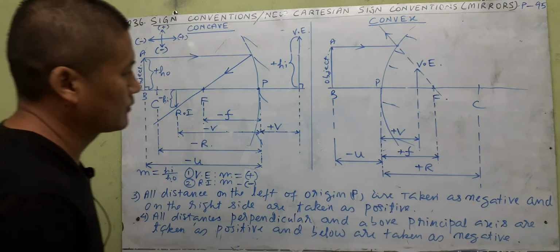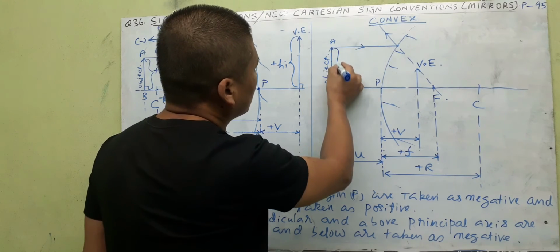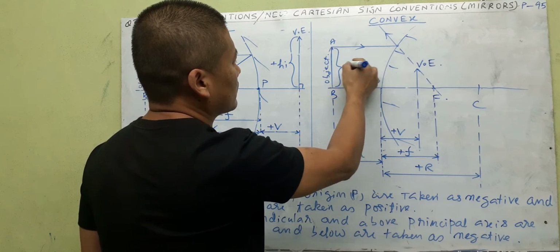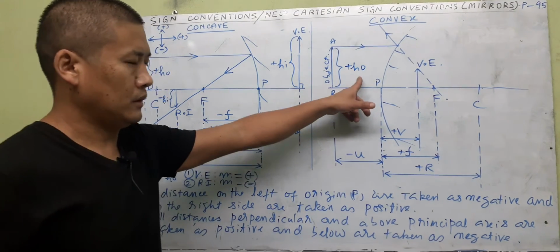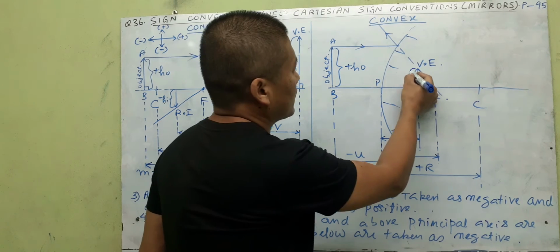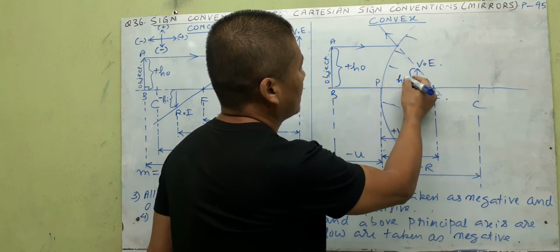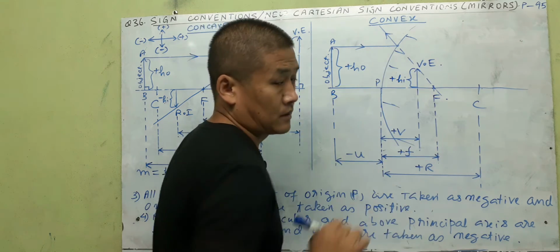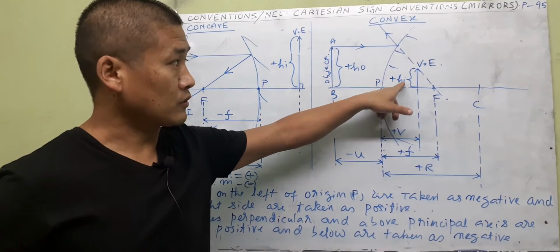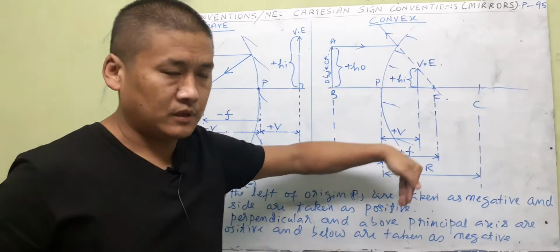Then here, you see the object is above the principal axis, always, so HO is always plus. Whether it's convex or concave, the rule is the same for this. This is called the image height, virtual erect, HI, always above, so plus. Therefore, we will never get HI minus for convex, because convex does not form a real inverted image.